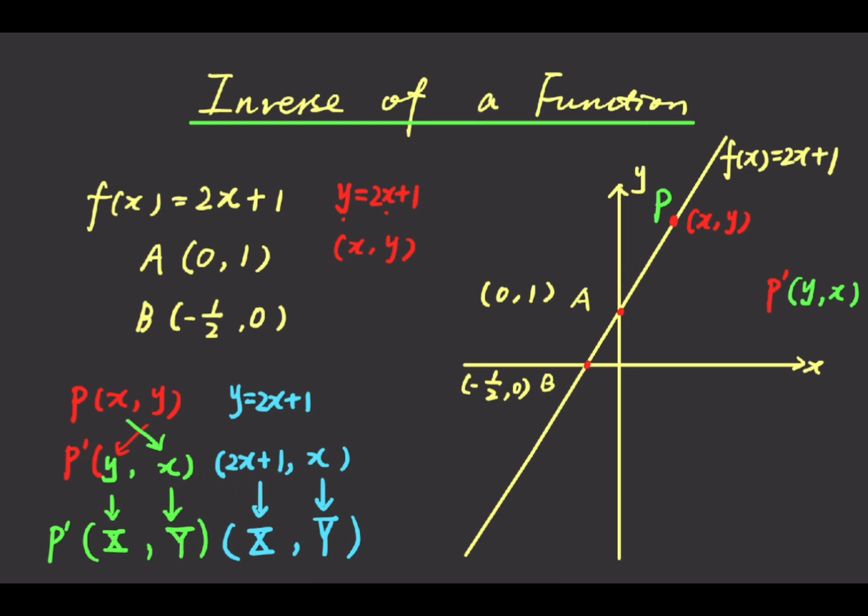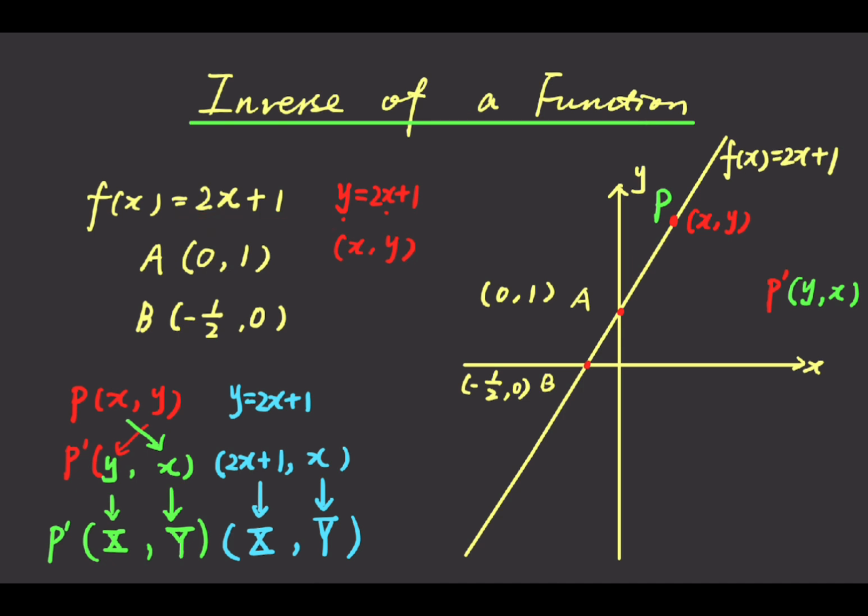But here, you need to know this x and this y. If we can figure out the relationship between this x and this y, we can figure out the corresponding relation of the inverse of the original function.